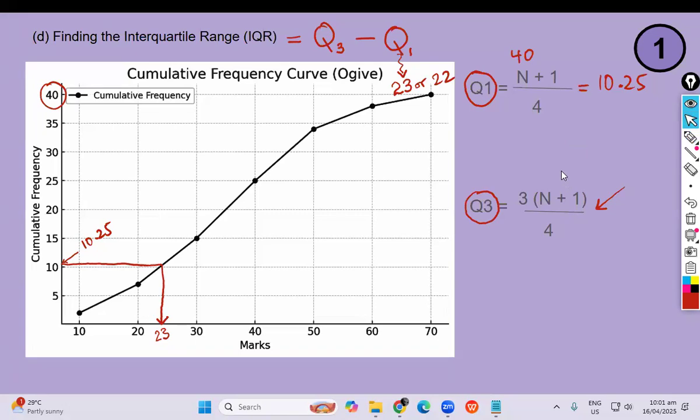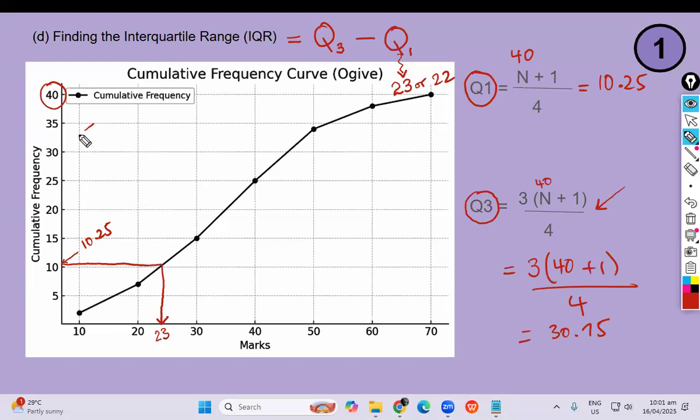Let's go to the next one, the Q3 value. 40 plus 1 multiplied by 3 divided by 4. Let's work that out. I got 30.75, but that's not the actual Q3 value.